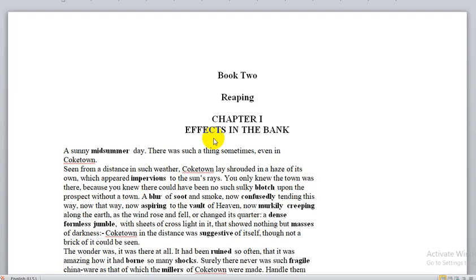So this chapter seems very long, but little important details are offered in the chapter. So in book 2 we are going to reap what we sowed in book 1. Reaping means to harvest, to gather the seeds that were sown in book 1.